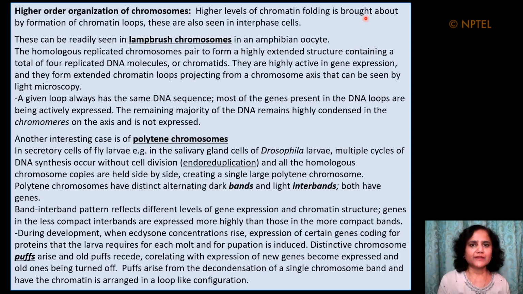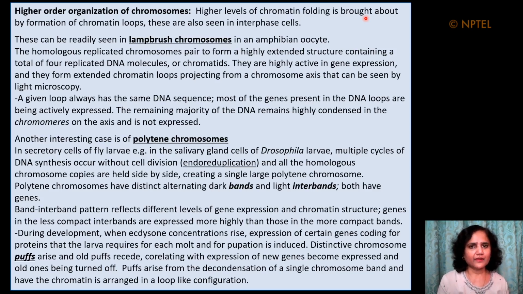During development, when ecdysone concentrations increase, the expression of some of the genes coding for proteins that the larvae requires for each molt or for the pupation is induced. And as this happens, distinctive chromosome puffs are formed and the old puffs disappear, correlating with the expression of new genes that become expressed and the old ones being shut off.